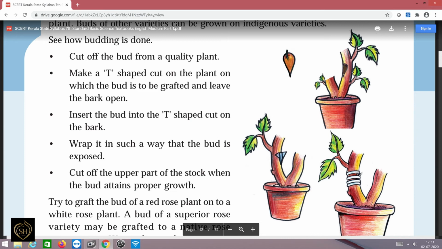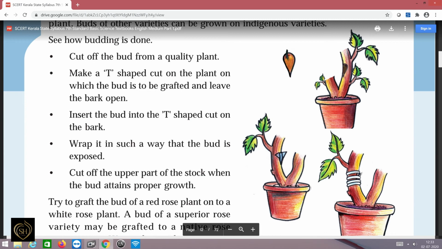Then make a T-shaped cut on the plant on which the bud is to be grafted and leave the bark open. We have a normal rose plant in your house. So make a T-shaped cut on the bark of that rose plant.